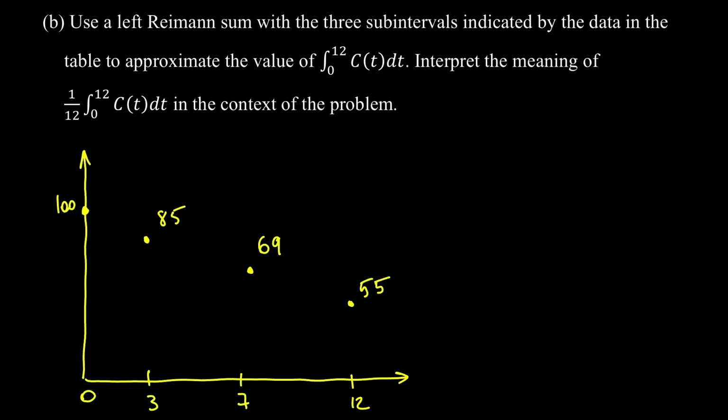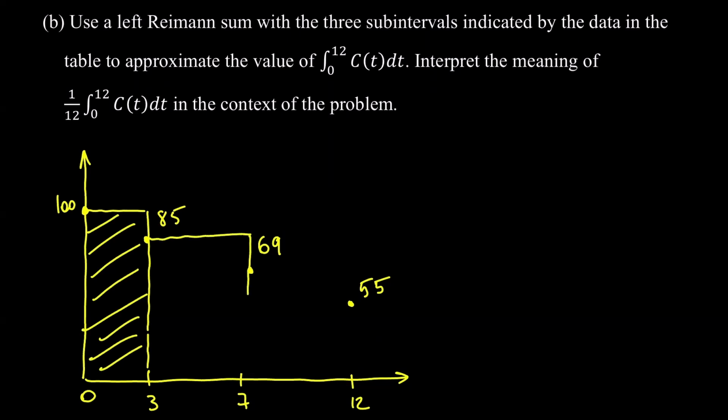The left Riemann sum means that we approximate the areas of these rectangles with the product of base times the value on the left side of the rectangle.